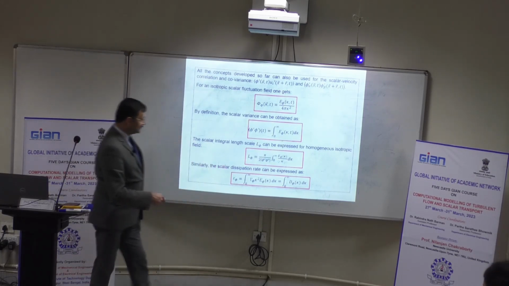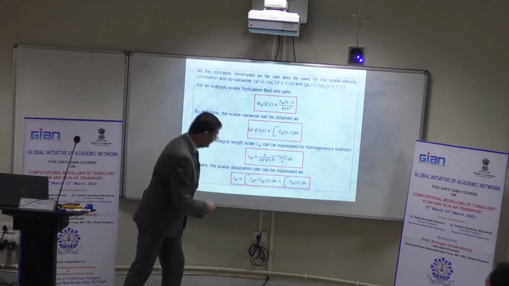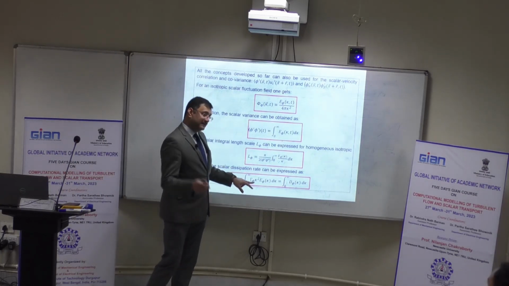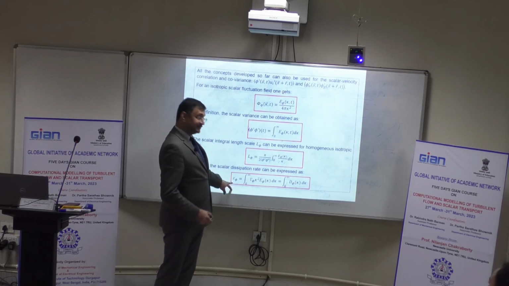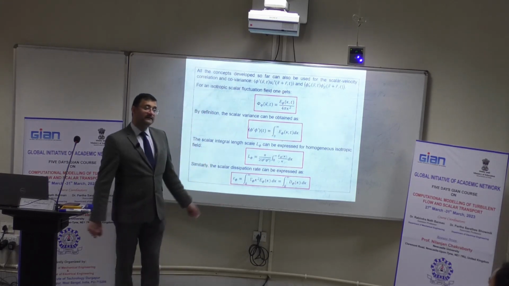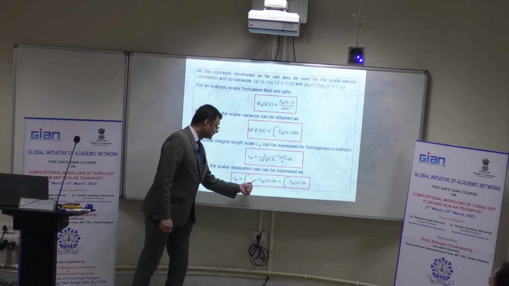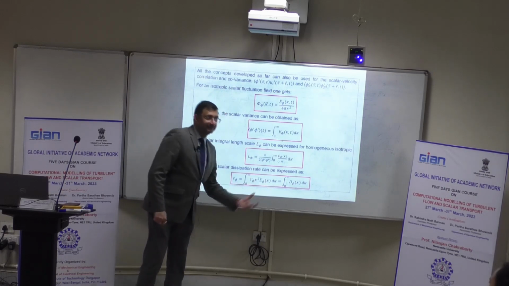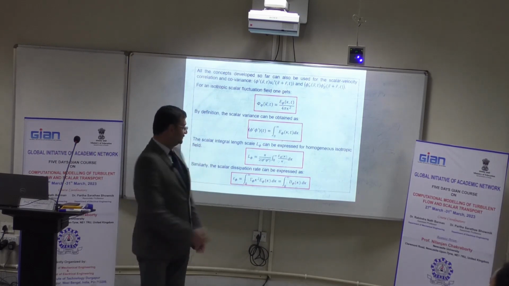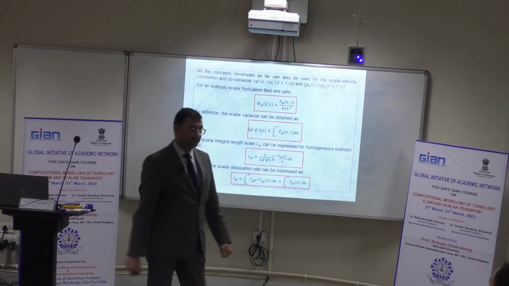Similarly, the scalar dissipation rate is given by this. If you remember and go back to your notes, you will see the spectrum for the dissipation rate of kinetic energy was kinematic viscosity times kappa squared times the E kappa. The same thing appears here.